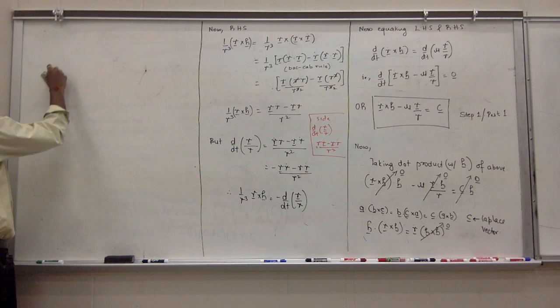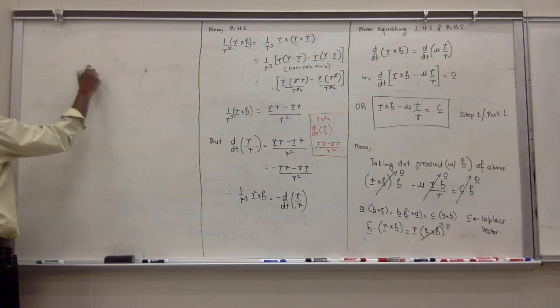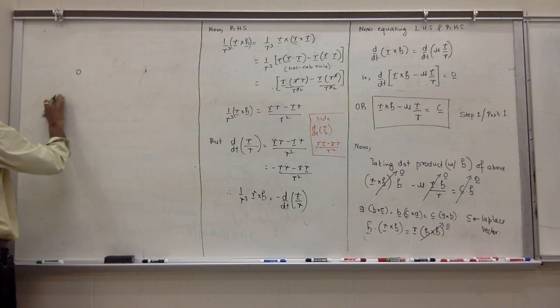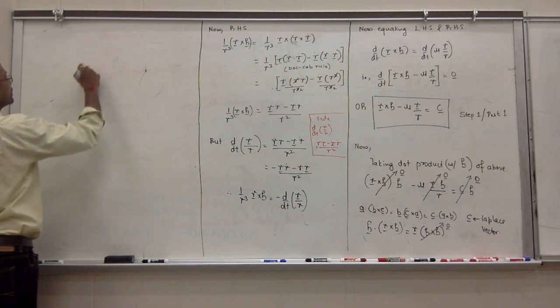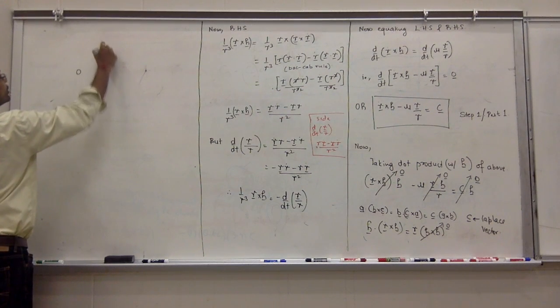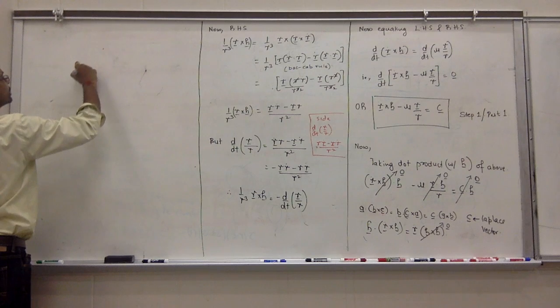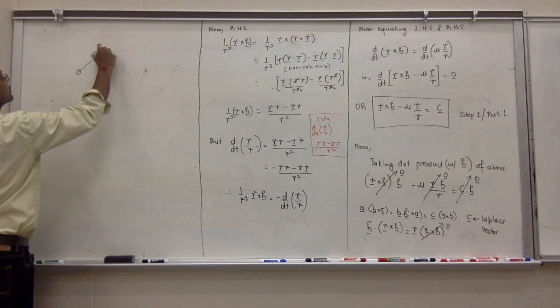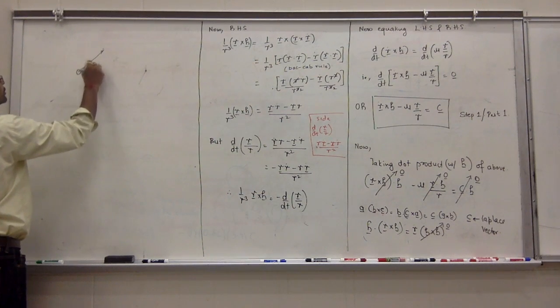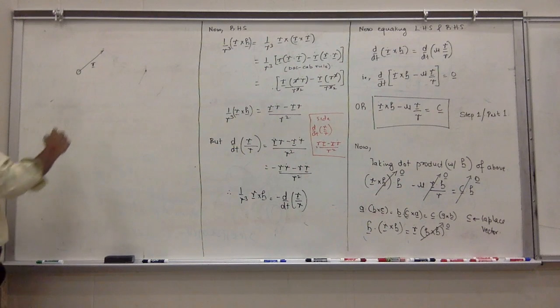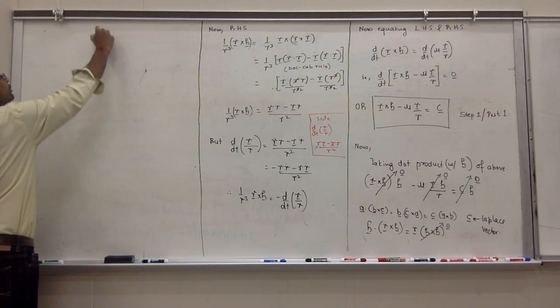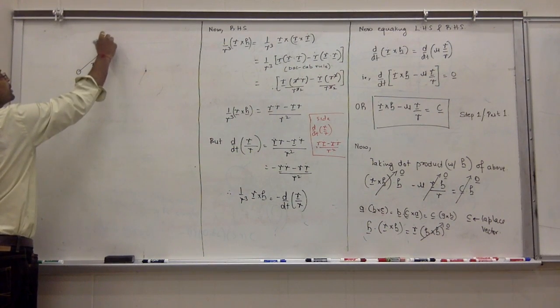You have the central body here, okay, and you have the orbiting body here, right? What is this? This is the position vector, and the velocity vector would be, let's say, somewhere like this.